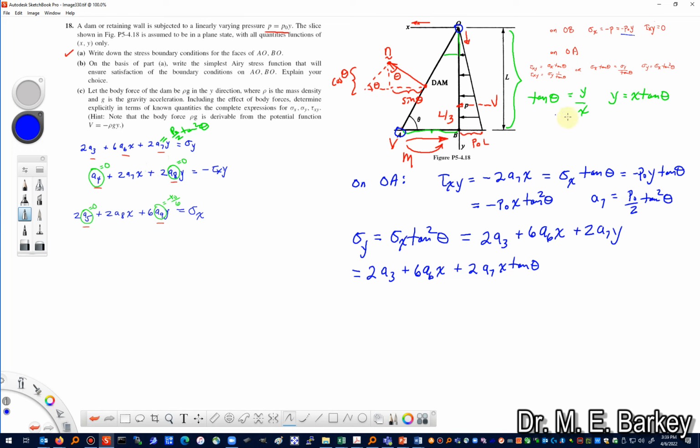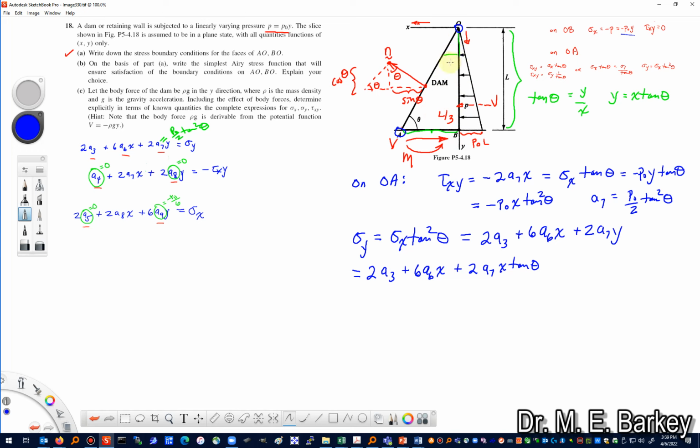Now the relationship of tangent theta is equal to y over x comes from the relationship of our diagram here in our coordinate system. The tangent of this angle theta would be the opposite over the adjacent side, which would be the y distance over the x distance. Remember, our coordinate system is a little unusual in that it faces this particular way. And that is also true even if we take a smaller segment here, still y over x.